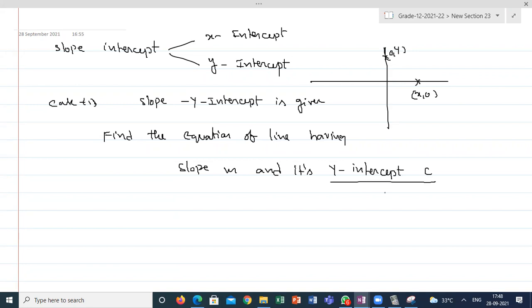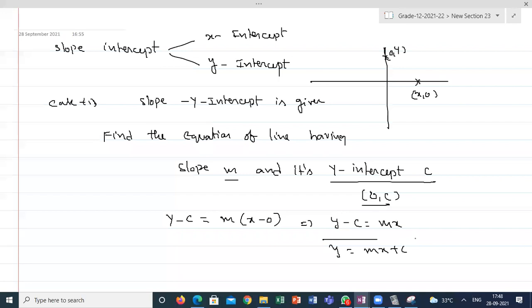The meaning of y-intercept is c means it is passing through (0, c). Now we are having slope and point. With the help of the slope and point, y - c = m(x - 0). That is, y - c = mx + 0, which is mx. So y = mx + c. This represents slope y-intercept form, slope intercept.